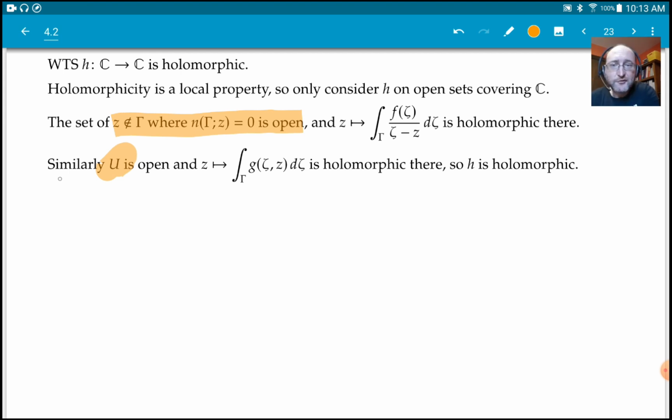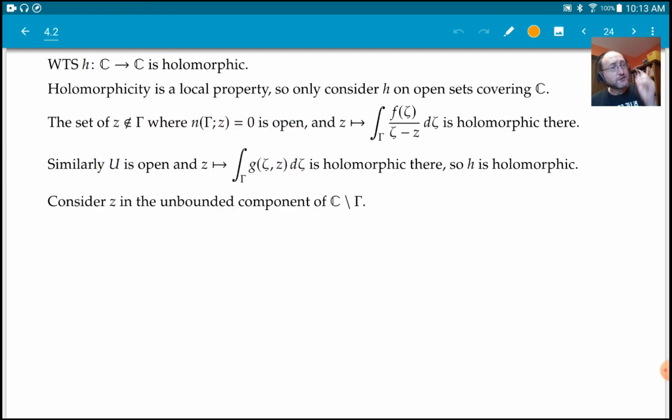If we take z in U, then this is the definition, just the integral of g. You've proved that g is holomorphic as a function of z, so therefore this is holomorphic. So h is holomorphic. It's an entire function.